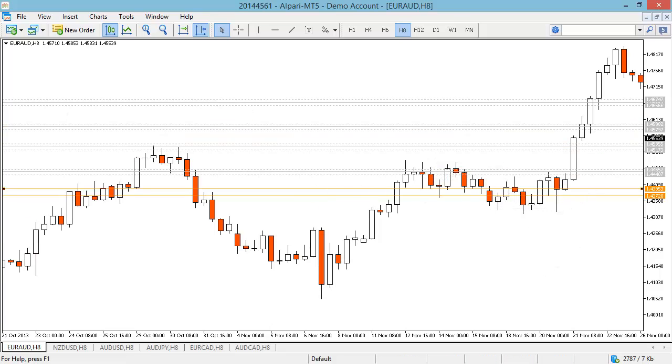We can see some clear signs of bodies forming along this area. Price broke down and then came back up, and then the bodies formed along that area. Price went up, came down, bodies formed along that area. Pushed up, bodies formed along that area. I'm going to go with the one above it.